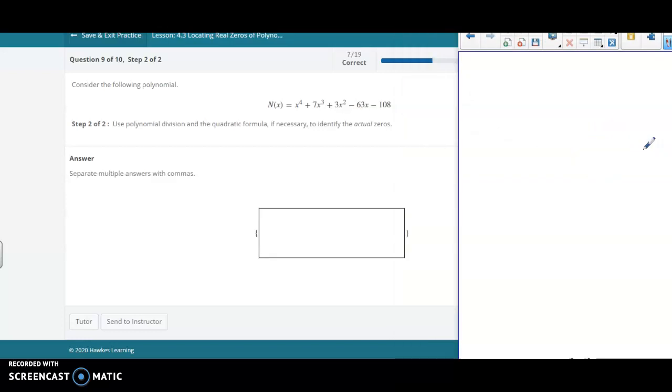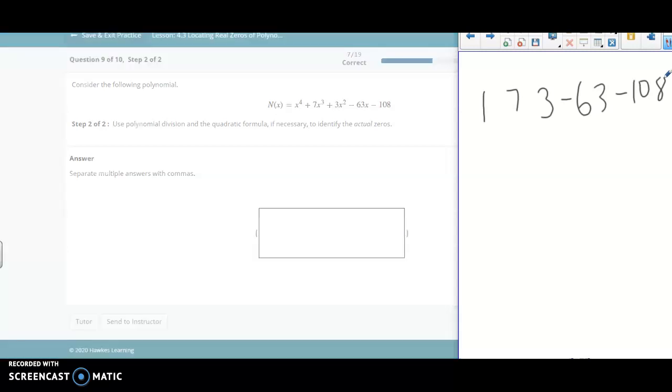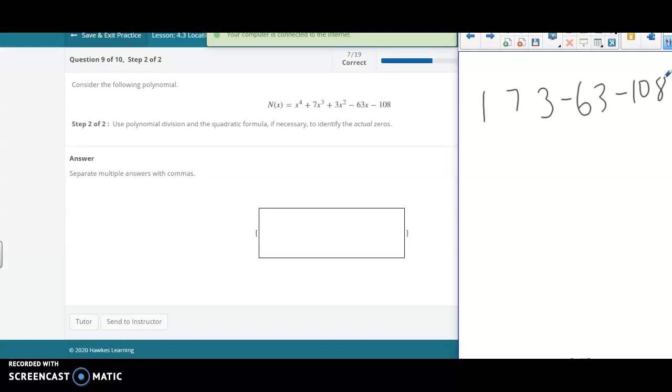Now, of course, we're asked to find all the rational zeros with all those possible combinations, so good luck to us. So we have 1, 7, 3, -63, and -108. Again, there's lots of choices. You try to use numbers in the middle so you can alleviate upper and lower numbers using the upper bound, lower bound.